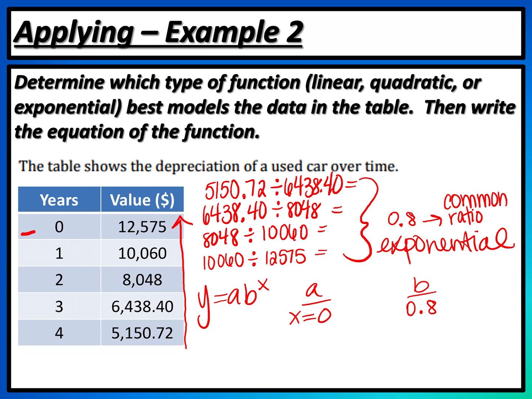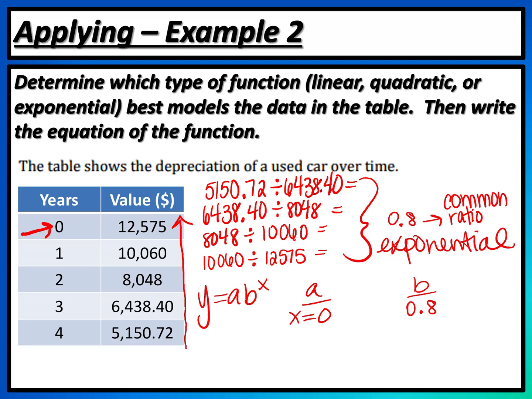Remember from earlier in this unit, the initial value, the a value, is at time 0. So you want to look to your chart and see, do you have time 0? Which we do. If this table started at 1, we could do just like what we did in example 1, where we worked backwards, take the value we were given and do the opposite.